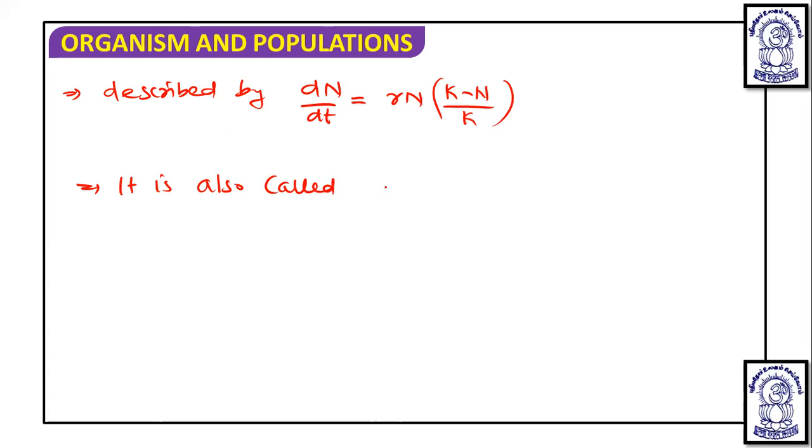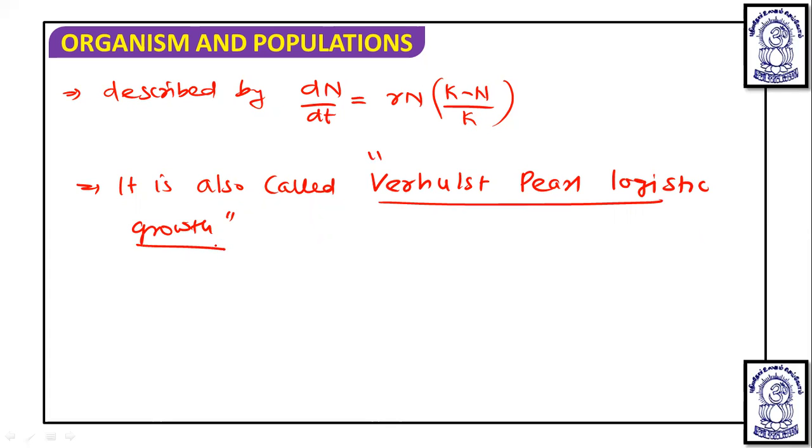It is also called the Verhulst-Pearl logistic growth model, logistic growth when there are limited resources.